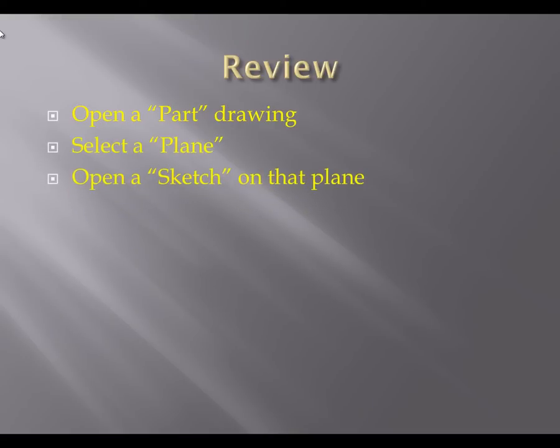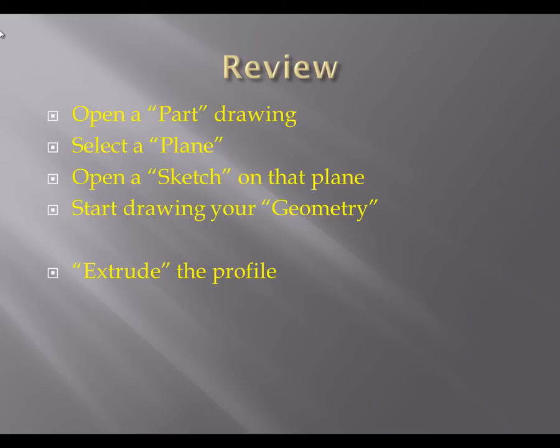Here is a quick review of the concepts presented in this lesson. In order to make a part, you must first open a part drawing. Select an appropriate plane to draw on, then open a sketch on that plane, and then start drawing your geometry. That sketch may be extruded into a solid part.